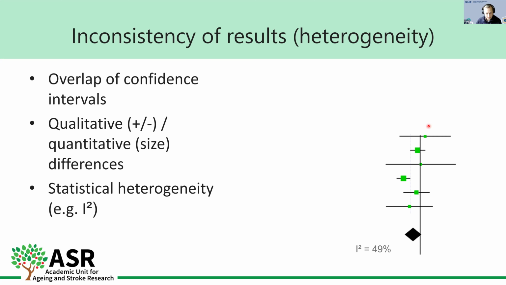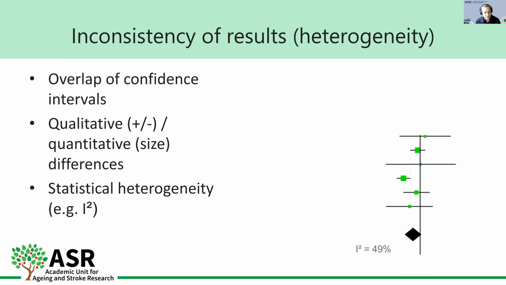Looking at this forest plot, we can see that in general the confidence intervals are overlapping one another. However, there's this estimate which is over to one side, and it does just slightly overlap this other confidence interval, but barely. So that's a concern for us, that these are perhaps estimating quite different effects from one another.